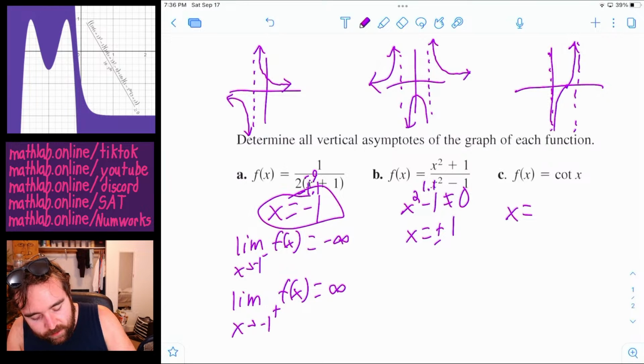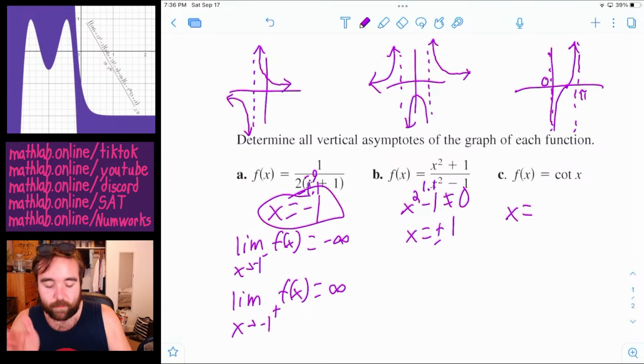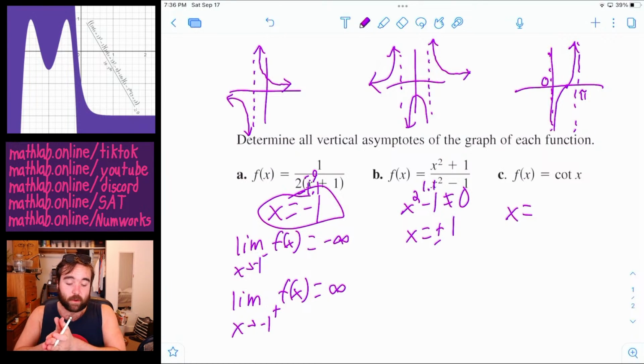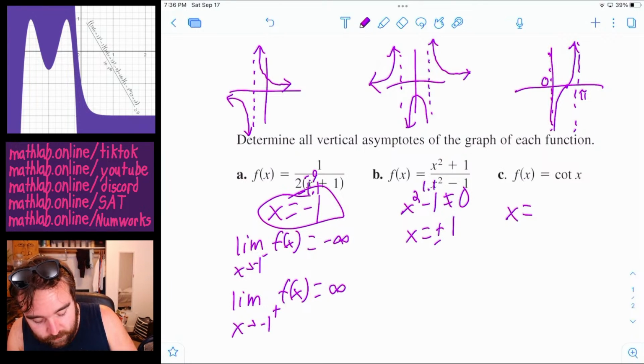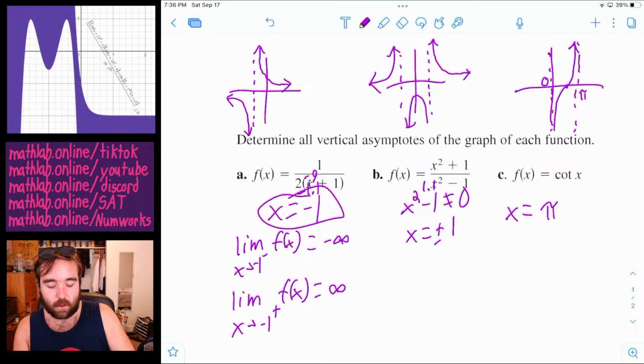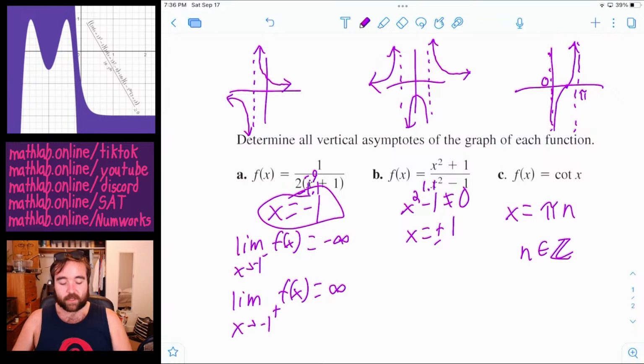So this one has the asymptotes every pi as well, but it starts at 0 here. So its vertical asymptotes, we can just say pi n, where n is an integer. Because then, just like before, we have an asymptote at pi, at 2 pi, at 3 pi, at 4 pi, at 0 pi, at -1 pi, at -2 pi, and so on.